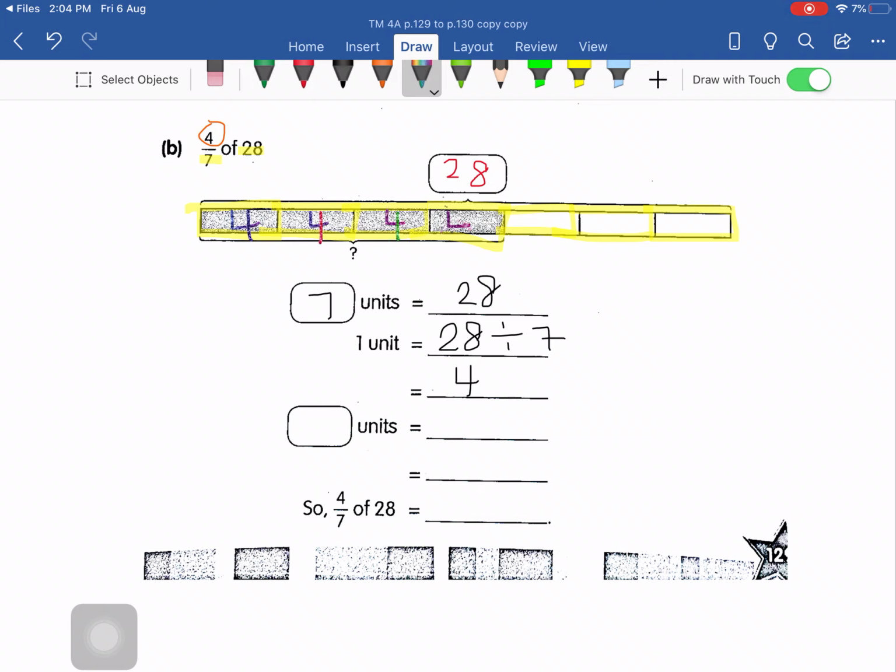Each group or each unit represents 4. So to find the shaded part, which is 4/7 of 28, we are finding 4 groups of 4, and 4 groups of 4 is 16. So 4/7 of 28 is 16.